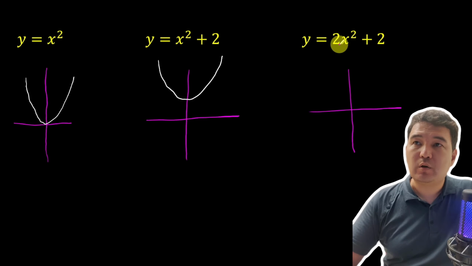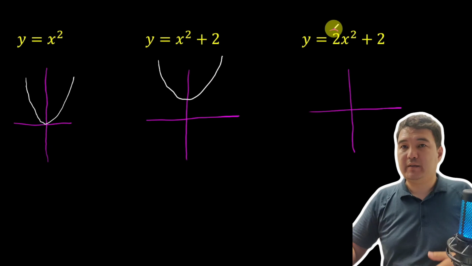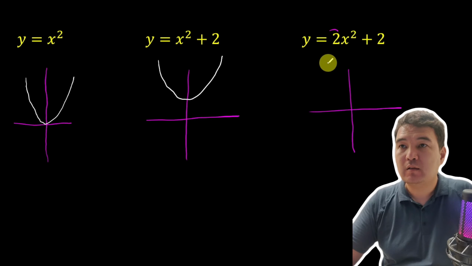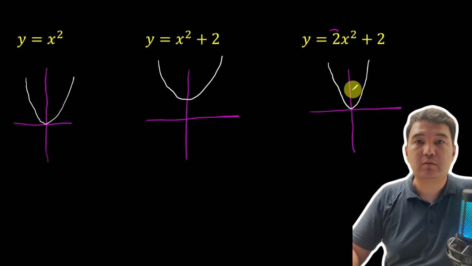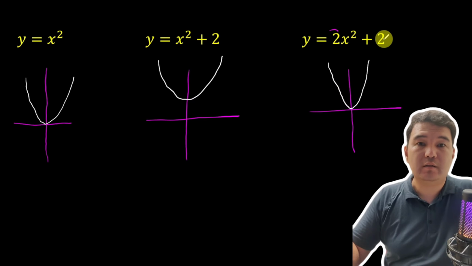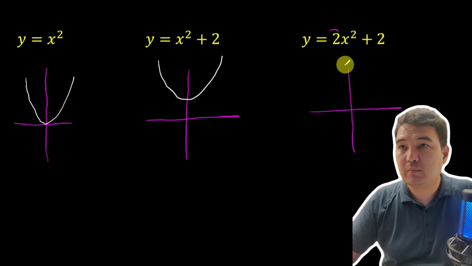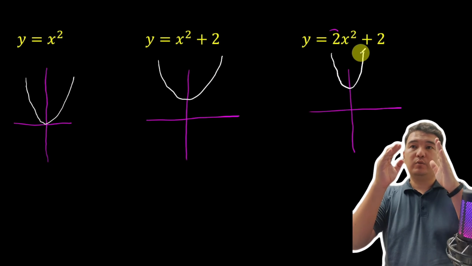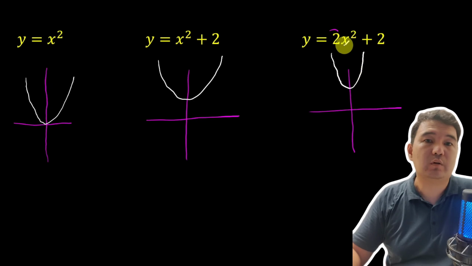This coefficient 2 means that you are squeezing the parabola twice, so the parabola is twice as close as this one. Plus 2 is a 2 units upward shift, so I'm going to draw the parabola like this. It's more closed and shifted 2 units up. That's the parabola of 2x squared plus 2.